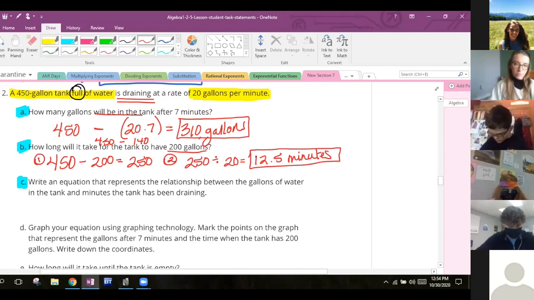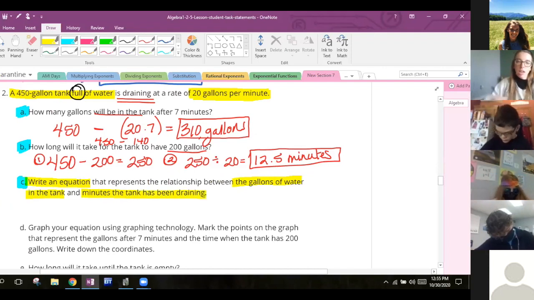Good. Okay, so after 7 minutes, that's 310 gallons. And after 12 and a half minutes, that's 200 gallons that are left in the tank. Now it wants us to write an equation that represents the relationship between the gallons of water that are in the tank and the minutes the tank has been draining.